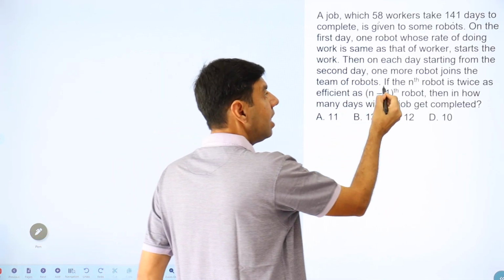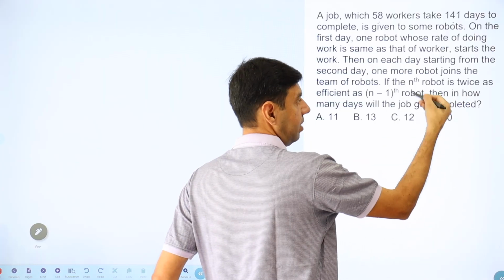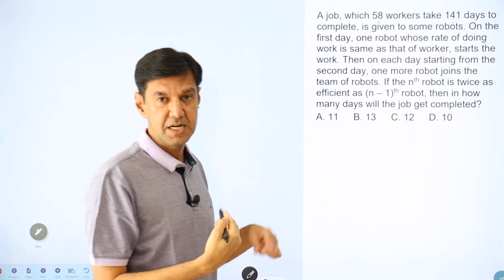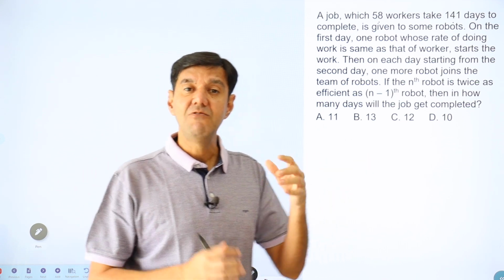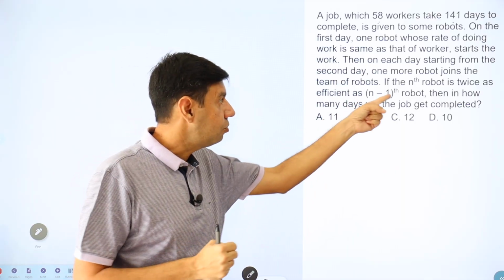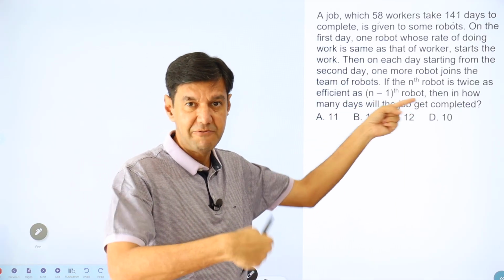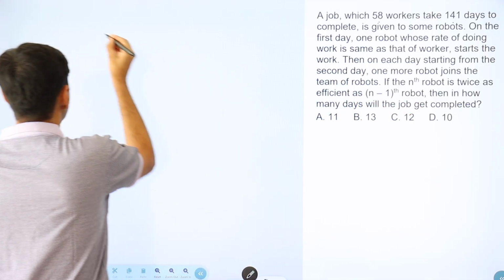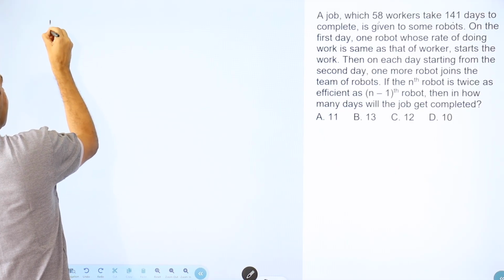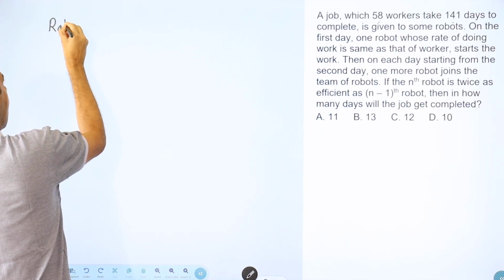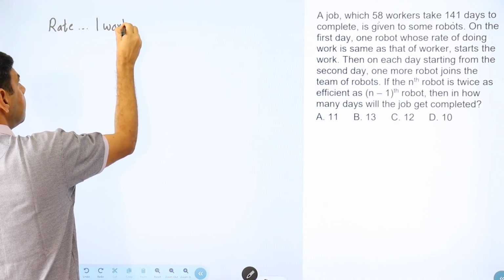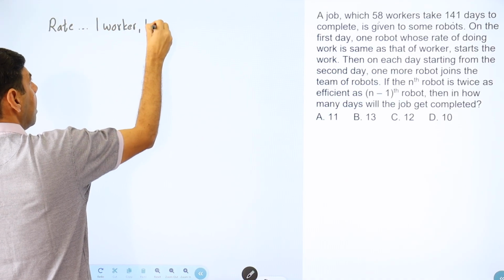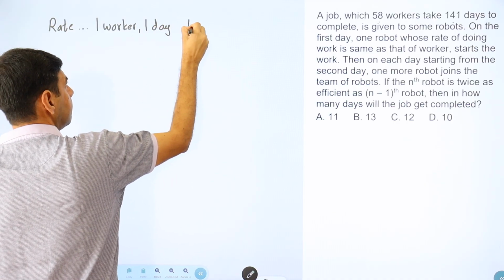But then here, the nth robot that joins is twice as efficient as the previous one. So instead of working just with man days or worker days, I'll work with the rate also coming into the picture, because everyone is going to be twice as efficient. So I'm going to assume the rate of one worker in one day to be 1 unit.